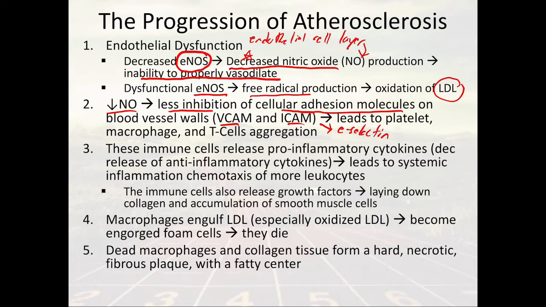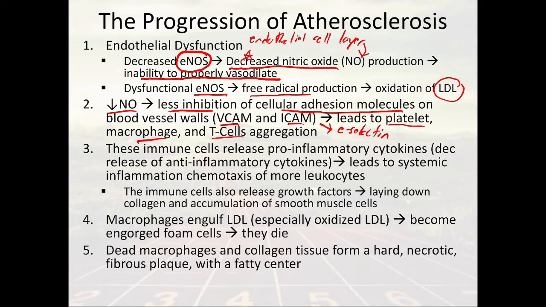What that leads to is that platelets, macrophages, and T cells all aggregate around that tissue, as well as migrate into the tissue to start the inflammatory process. So this leads to immune cells aggregating inside of our blood vessel walls.